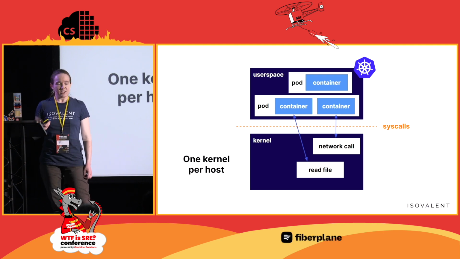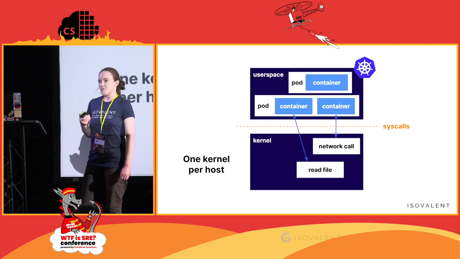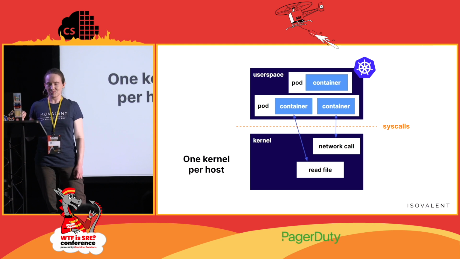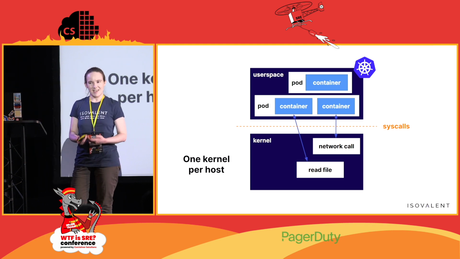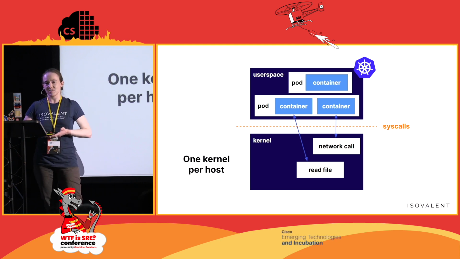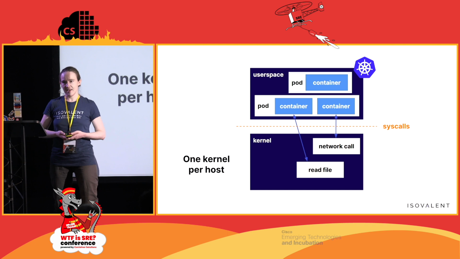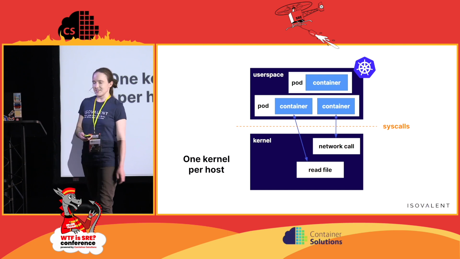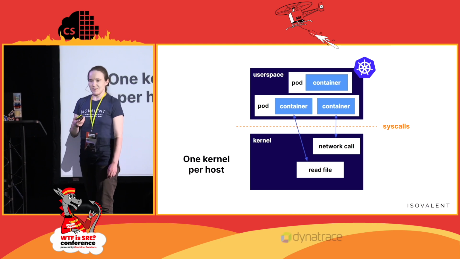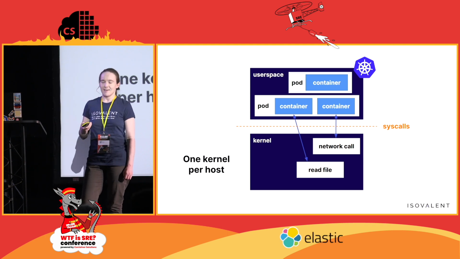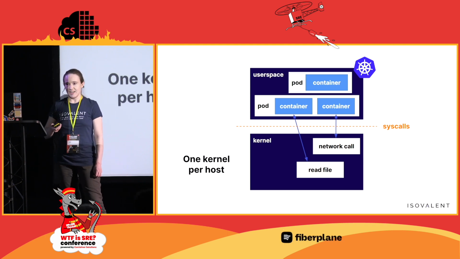From the application perspective, we generally don't care which host the application runs on. But what is true for Kubernetes and for every other environment is that there's always only one kernel per host. There is only one kernel, and all these applications reach out to this one kernel to do various operations, like network calls, file operations, basically everything that touches any kind of underlying resources.